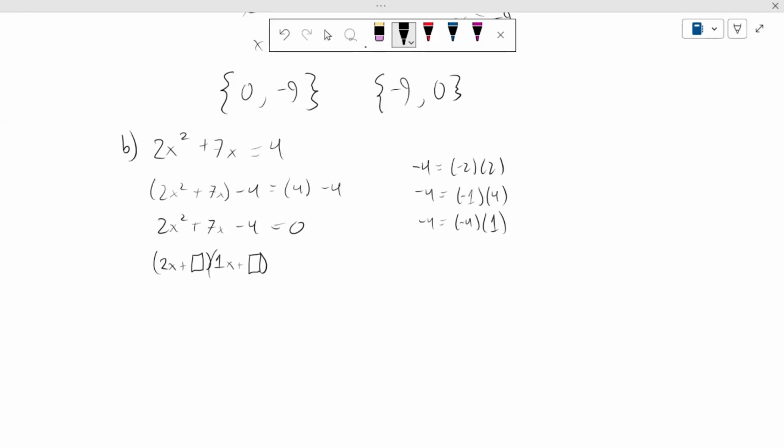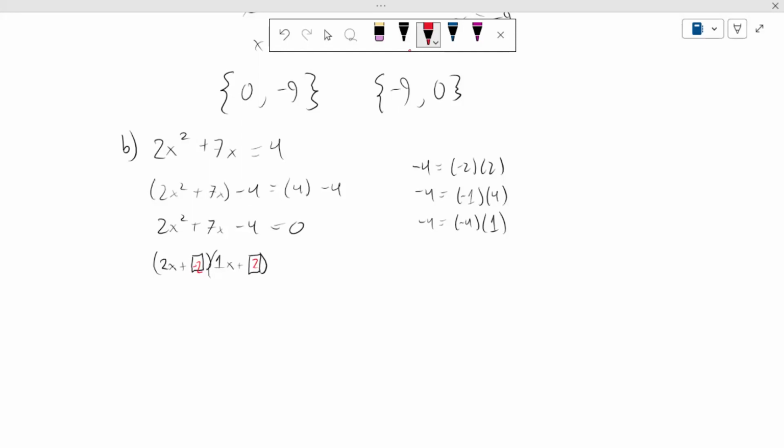Okay. And so if I plug in, let's say, -4 is -2 times 2, then since I'm guessing here, I'll put this in red: -2 over here, +2 over here. Let's try those out and see what happens when I FOIL it back out. I get 2x times 1x is 2x squared, which we knew was going to happen anyway. That's why we chose 2 and 1 there.